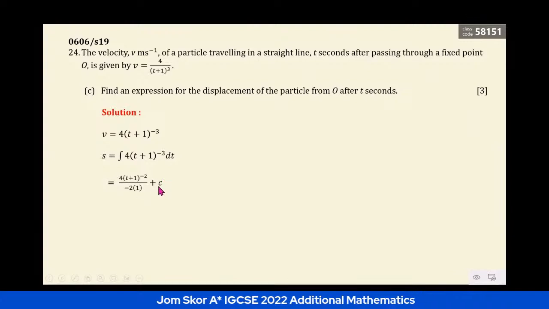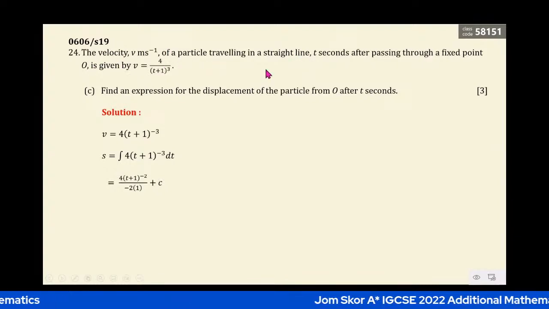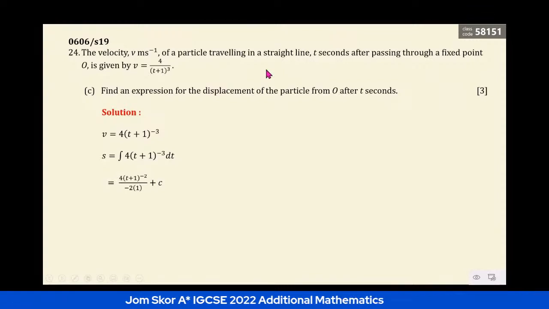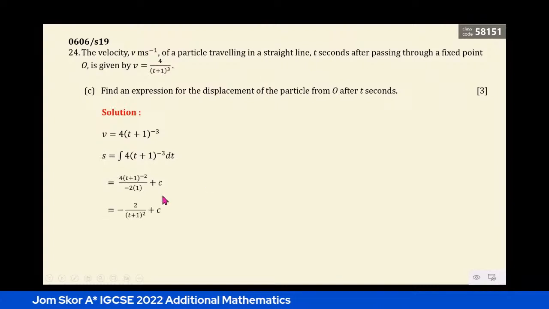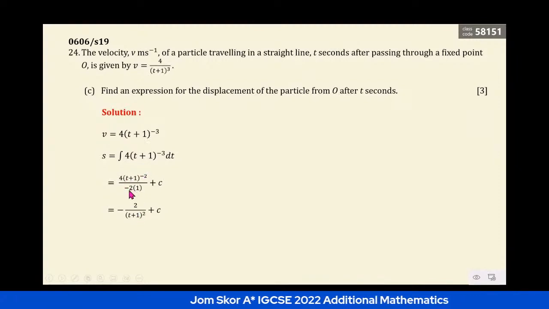And then C, don't forget your C because, okay, dekat soalan, so nothing info pasal bila particle tu start dekat mana. So we just assume that when this one, okay, before that kita simplify dulu this one because this is negative 2 and 4.